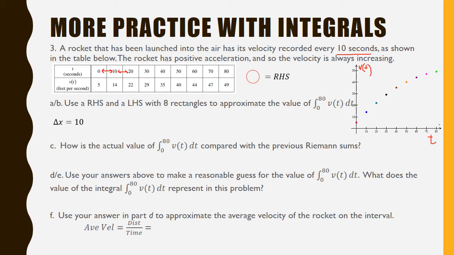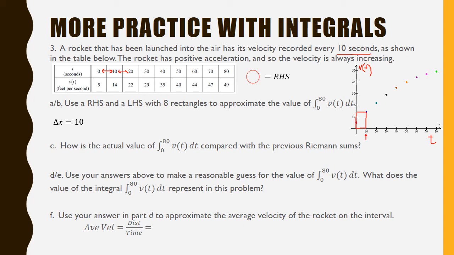So let's take a look at the right-hand sum first. If I draw this, that would be my first rectangle. The height of it I determine at the first right endpoint, which is 10.